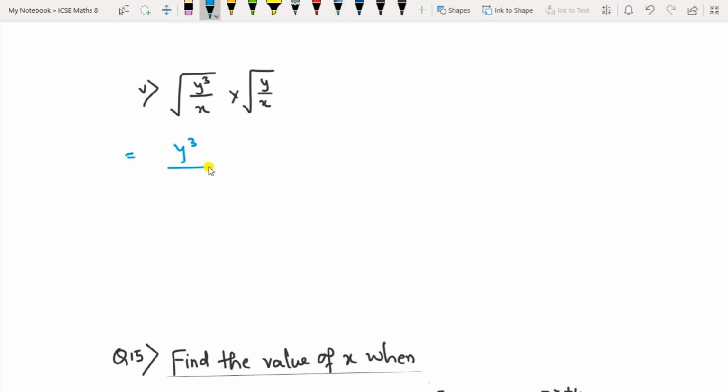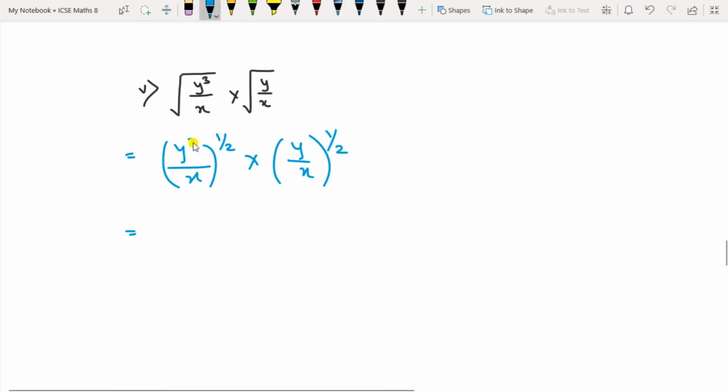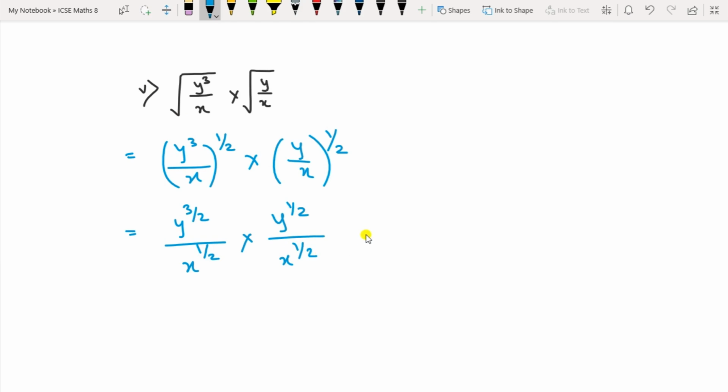So this one, y cube upon x raised to 1 by 2 into y upon x raised to 1 by 2. So this becomes y raised to 3 by 2 upon x raised to 1 by 2 into y raised to 1 by 2 upon x raised to 1 by 2.